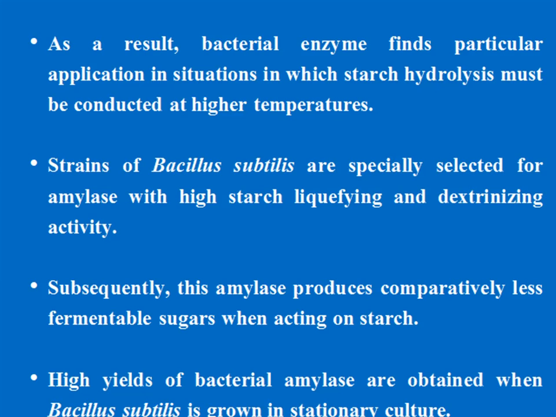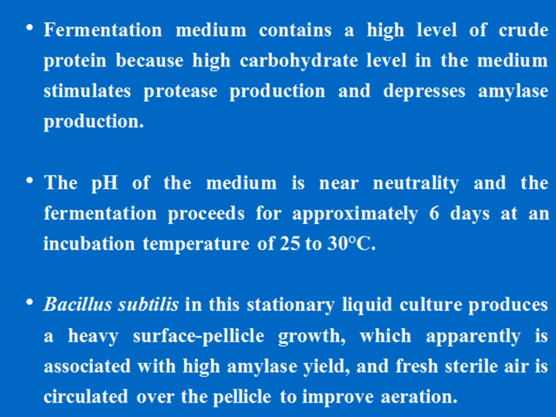Strains of Bacillus subtilis are specially selected for amylase with high starch liquefying and dextrinizing activity. Subsequently, this enzyme produces comparatively less fermentable sugar when acting on starch. High yields of bacterial amylase are obtained when Bacillus subtilis is grown in stationary culture.